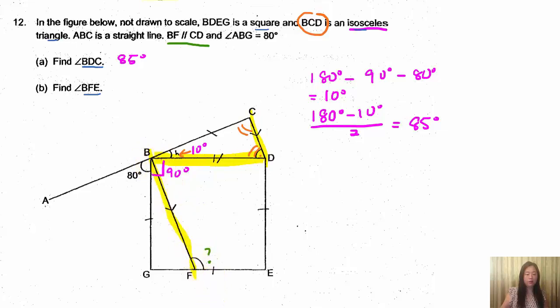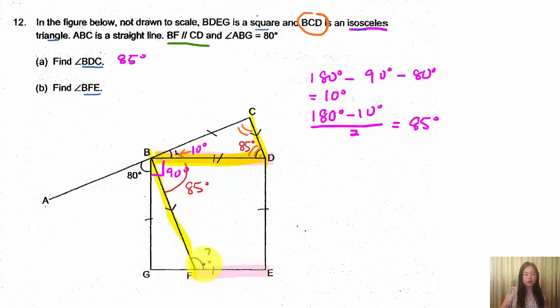And therefore, the angle here, which is 85 degrees, is the same, which is also 85 degrees. So in order to find this, we can see that BD is also parallel to FE.